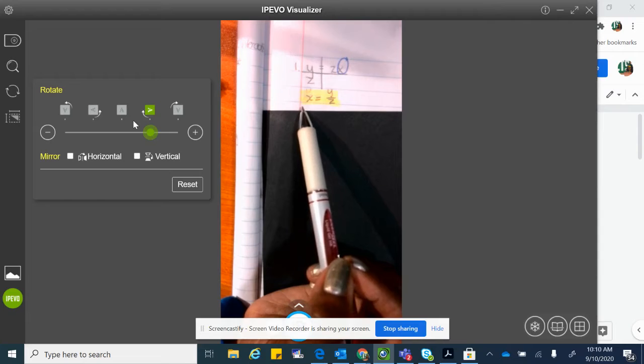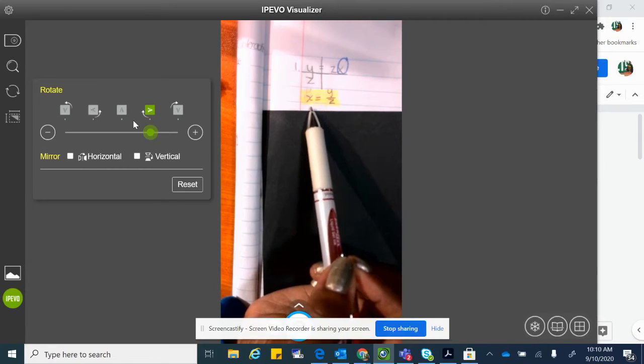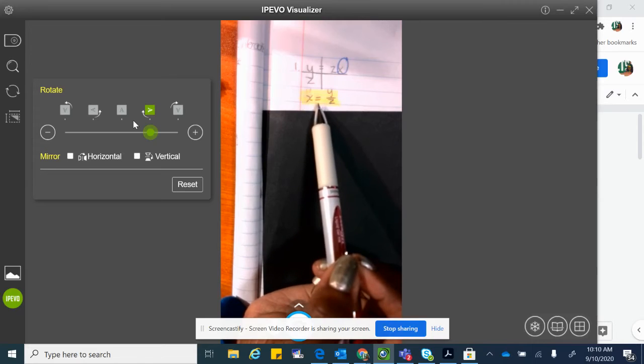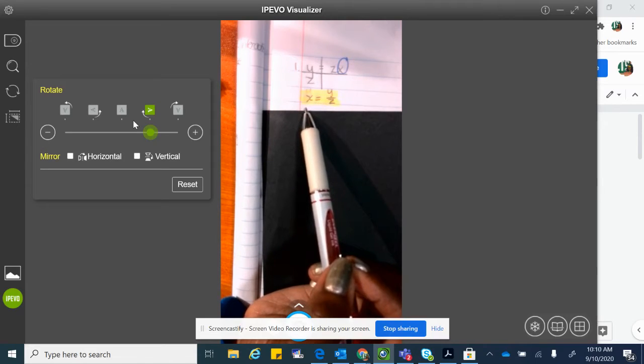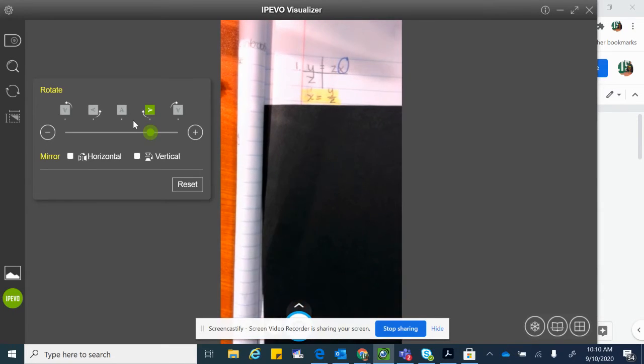So I rewrote my answer and put x equals y over z, just because that's how my brain works. And then I highlighted it, because on tests, it's so much easier for me to have my answer highlighted or circled. So x equals y over z. That's my answer for number 1.